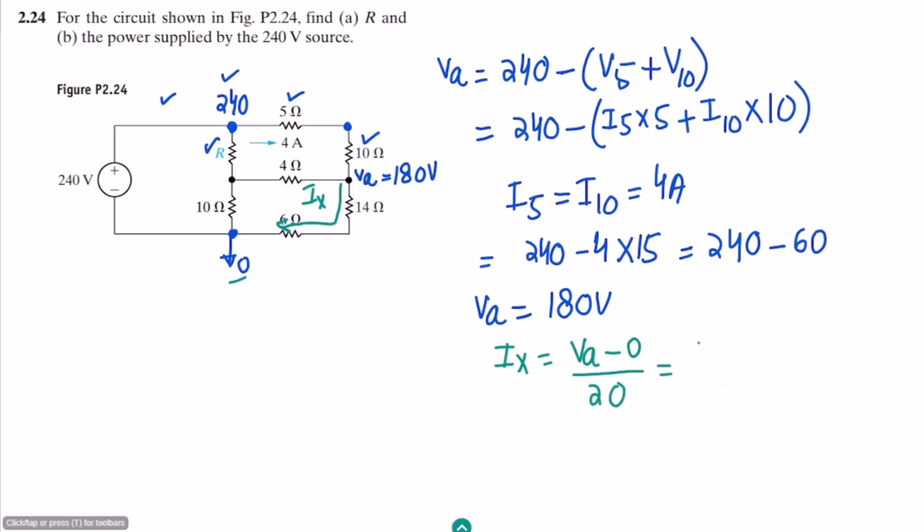So it will be 180 divided by 20, these two will cancel out, and it will be 9 amps. So this current is 9 amps.